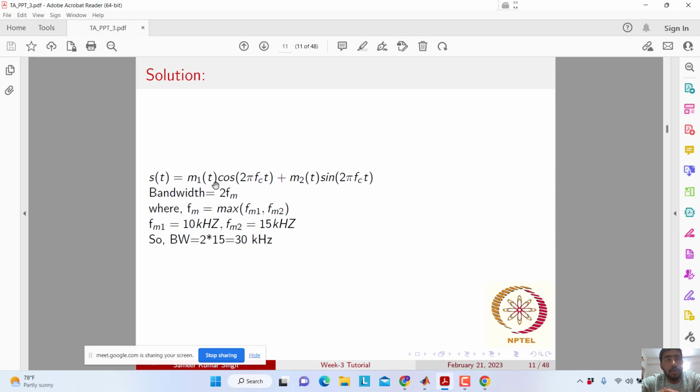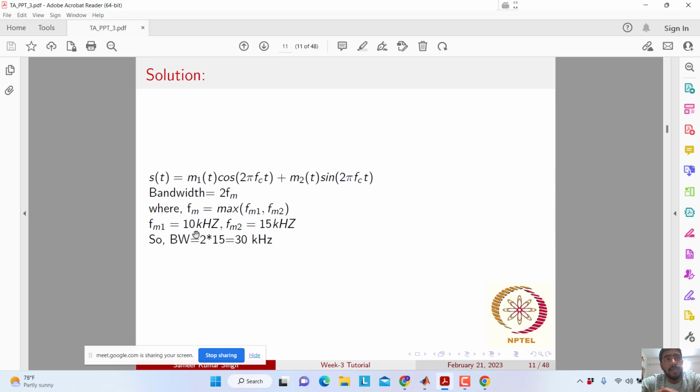So we will try to find out the message frequency of the message signal. Generally, we have two components, m1(t) cos 2 pi fc t and m2(t) sin 2 pi fc t. So overall, our maximum frequency is the max of fm1 and fm2.